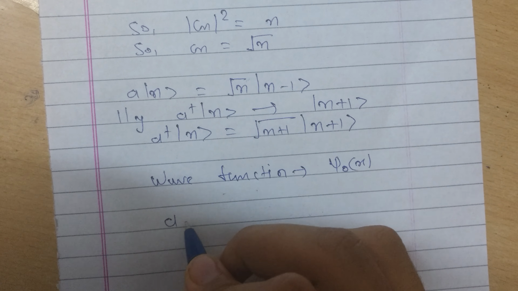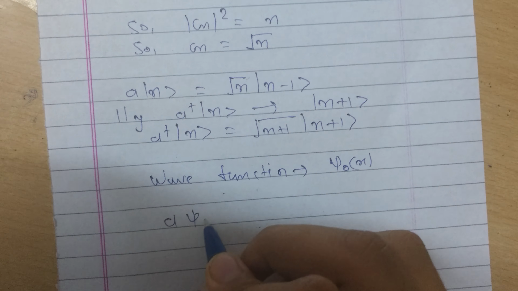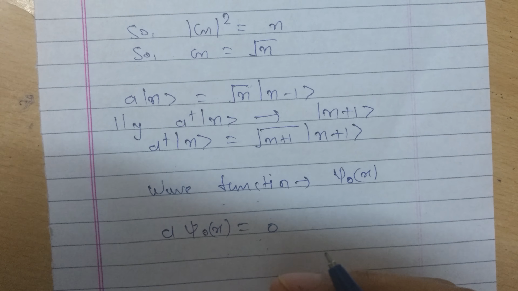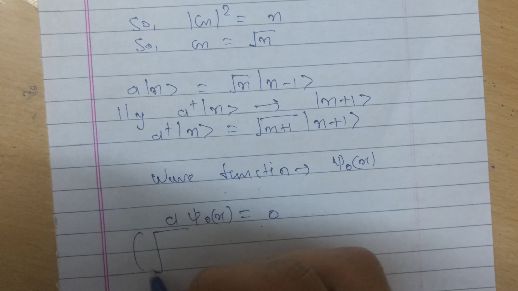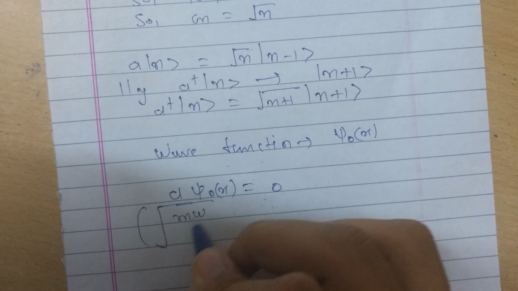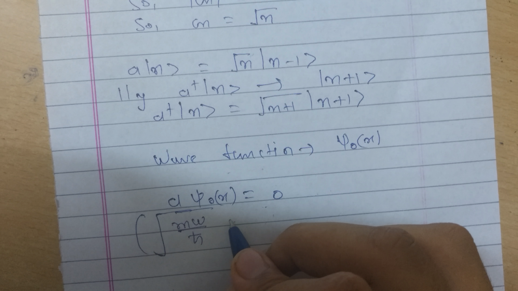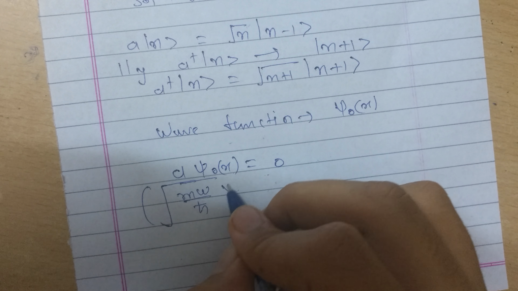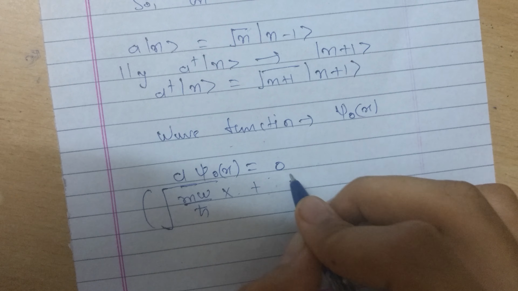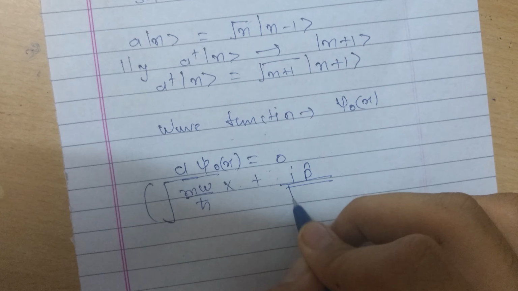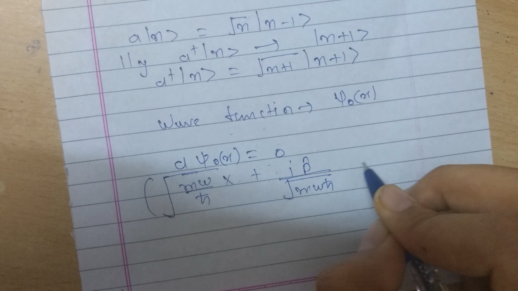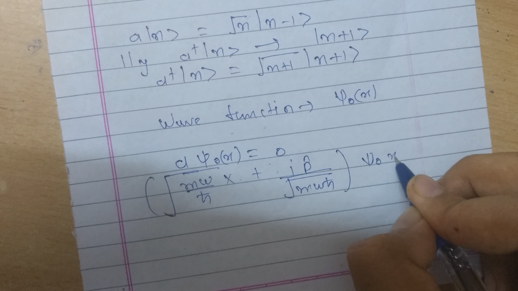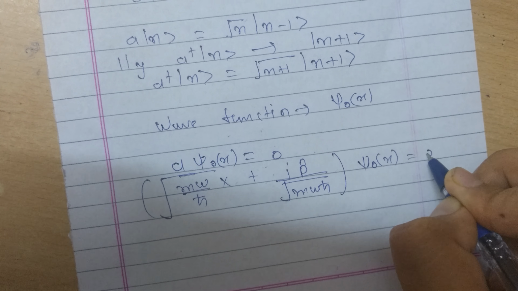The value of a is 1 over square root of 2, square root of mω/ħ x plus i p̂ by square root of mωħ, acting on ψ₀(x) is equal to 0.